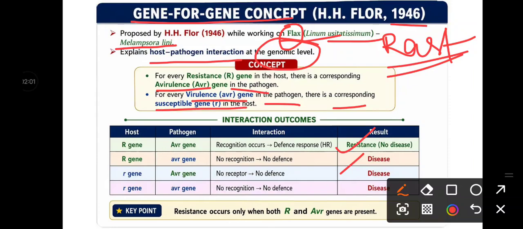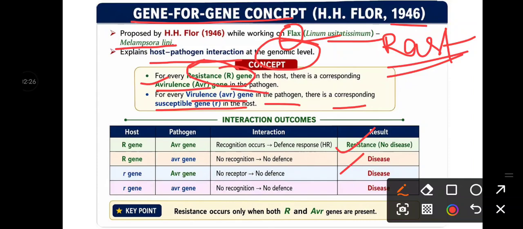So for every resistance gene, definitely in a resistant cultivar the resistance gene will be present. If a plant is showing resistance, it is because the pathogen is having the avirulence gene. Without the avirulence gene, this R gene cannot express.